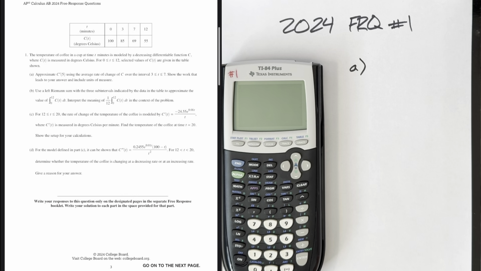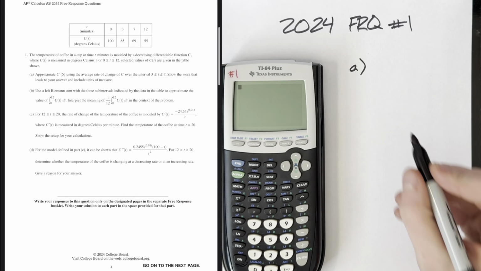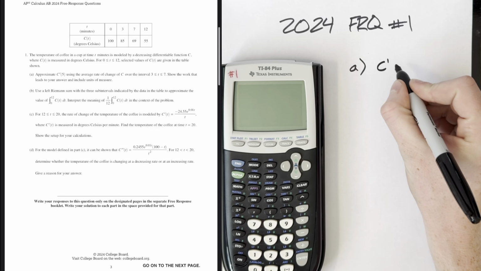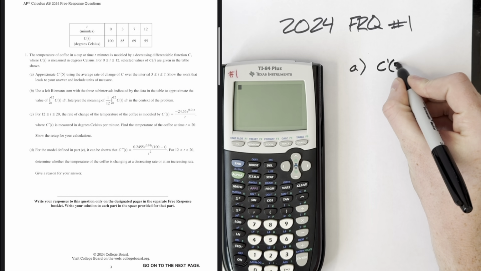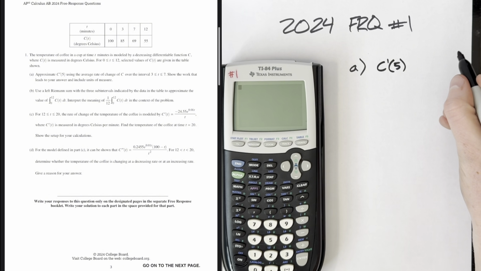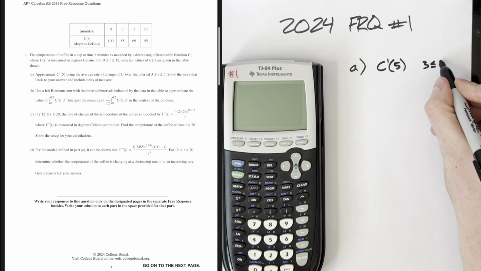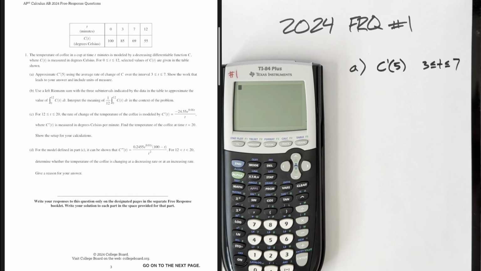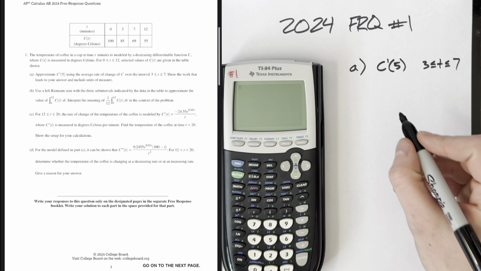Great. Part A says approximate C prime of 5 using the average rate of change over the time interval 3 to 7. Show the work that leads to your answer and include units of measure. So a great approximation for an instantaneous rate of change, like C prime of 5, is an average rate of change, which is what they're asking us to solve for.